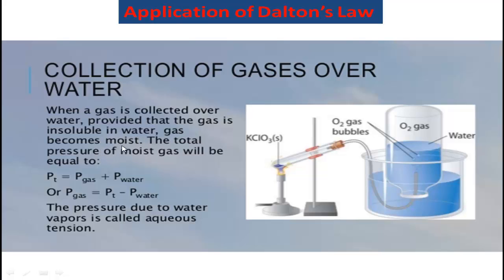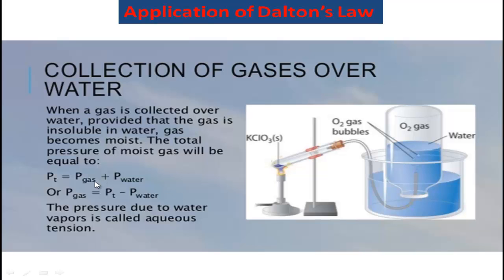When a gas is collected over water, provided that the gas is insoluble in water, the gas becomes moist. So what will the total pressure of the moist gas be? According to Dalton's law, we know that total pressure equals the sum of the individual pressures of the component gases. So here we obtain two pressures: the pressure of the dry gas plus the pressure of water vapor.